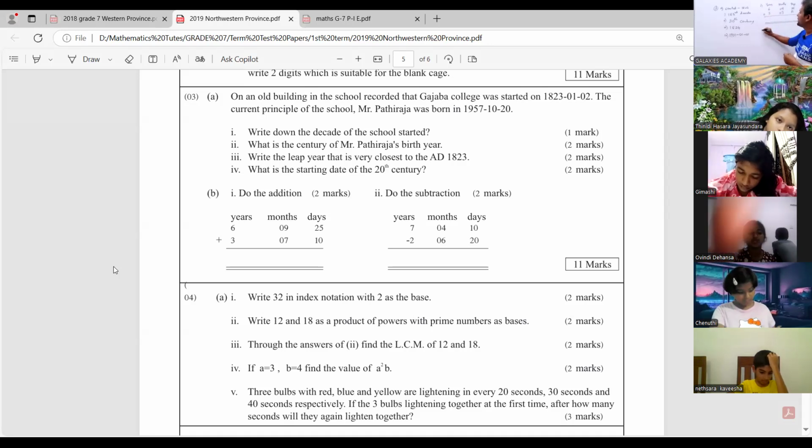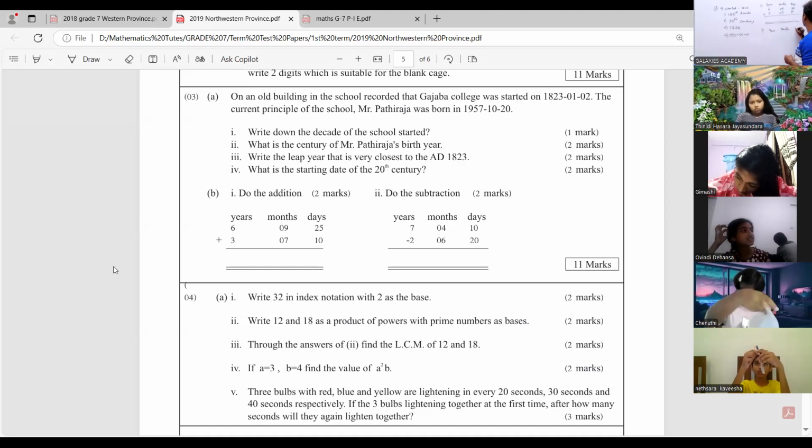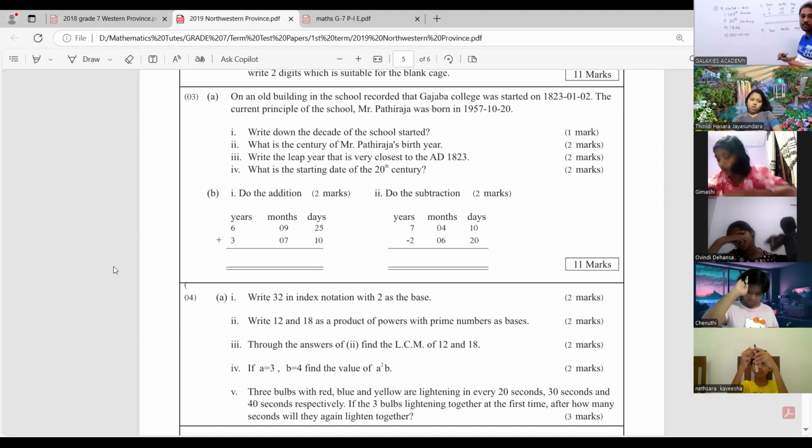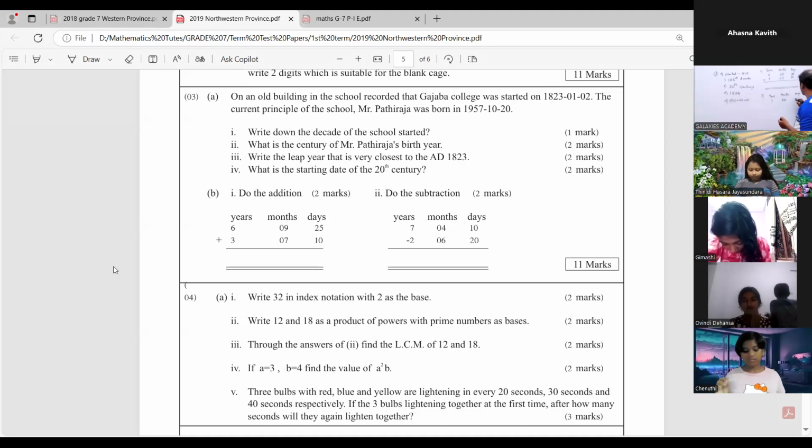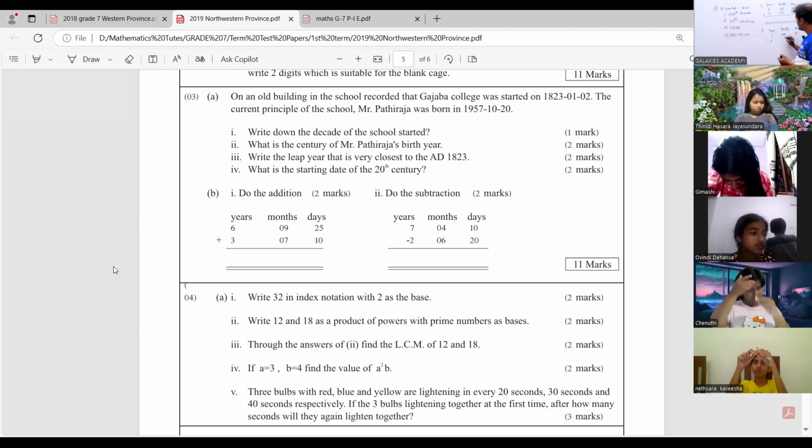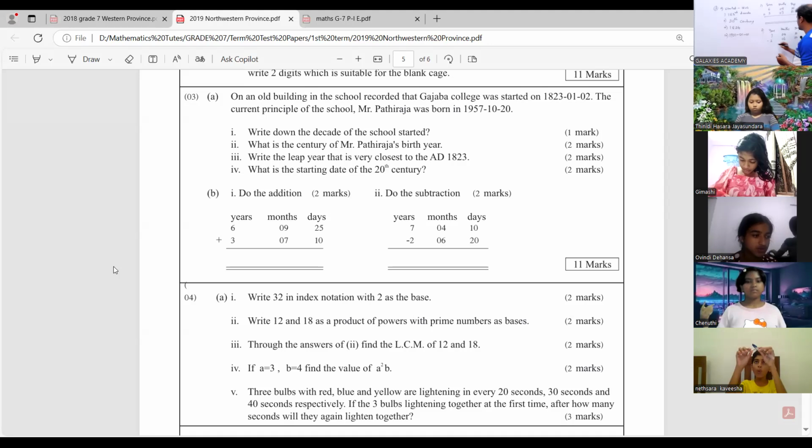The second one: from 7 years, 4 months, 10 days, subtract 2 years, 6 months and 20 days.